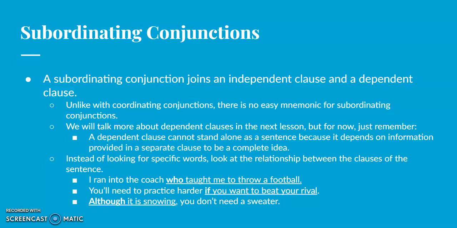So if you want to identify a subordinating conjunction, look at the relationship between the two clauses. If one of the clauses relies on the other to make sense, they are likely being joined with a subordinating conjunction. Take a look at the sentences below. The dependent clause is underlined, and the subordinating conjunction is underlined and in bold.